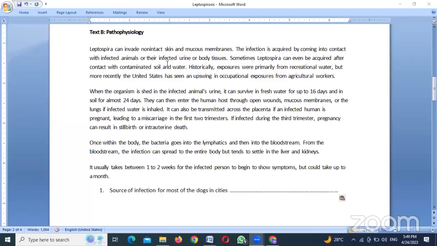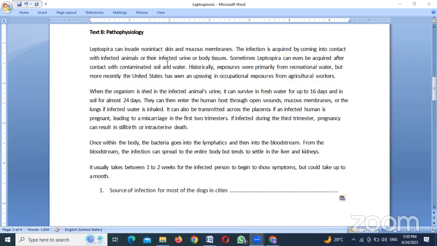Sir, infection, bacteria, lymphatic system, dogs. Okay, so are you able to find the answer, Dr. Zartash? Yes, sir. Source of infection. Sir, I found it.